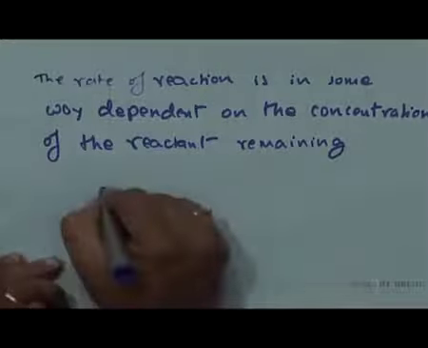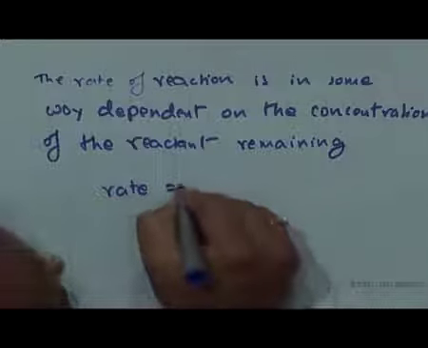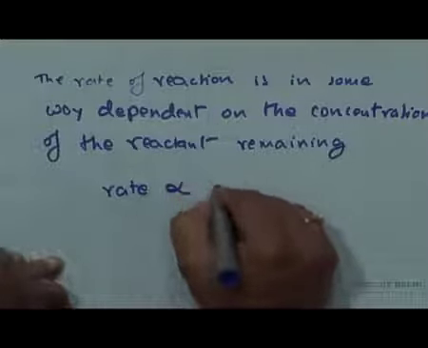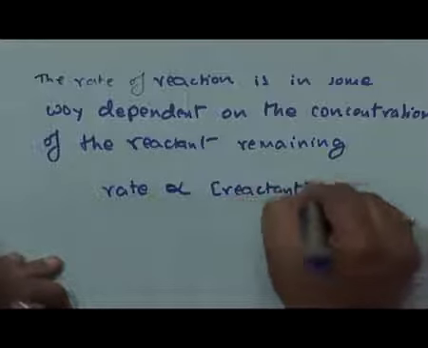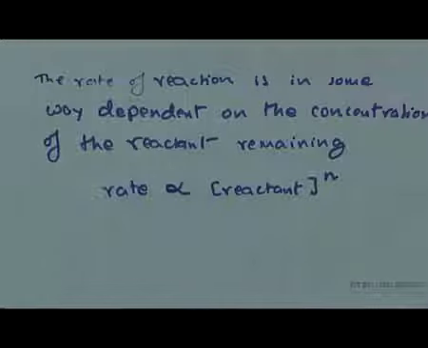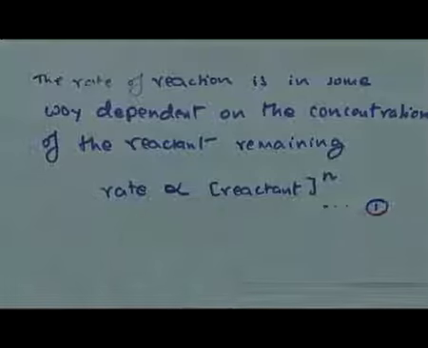So, I can write that the rate is, let me write this not as equal to but as a proportional sign, proportional to the concentration of reactant to the power n, right. So, let this be equation 1. Now, this is significant.